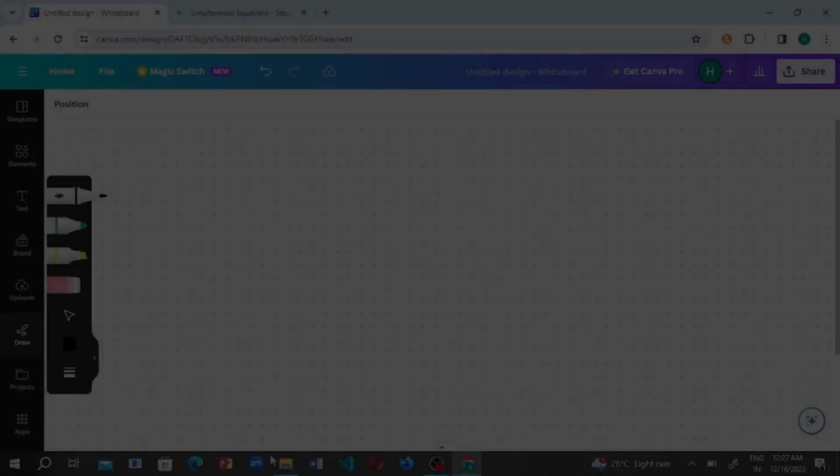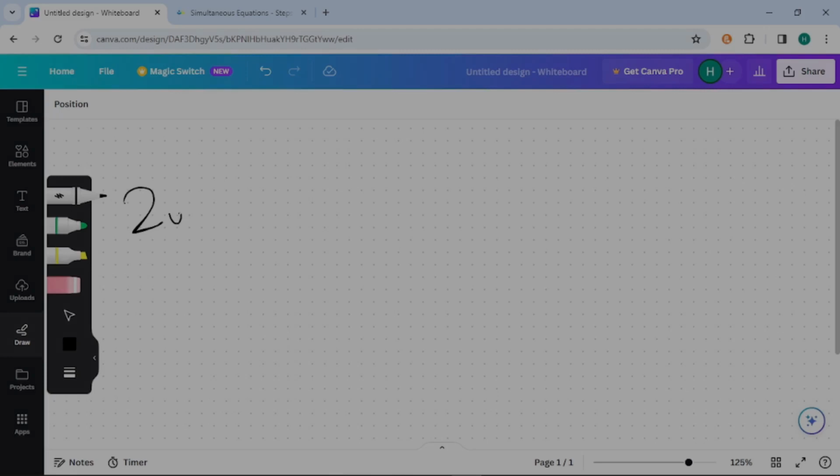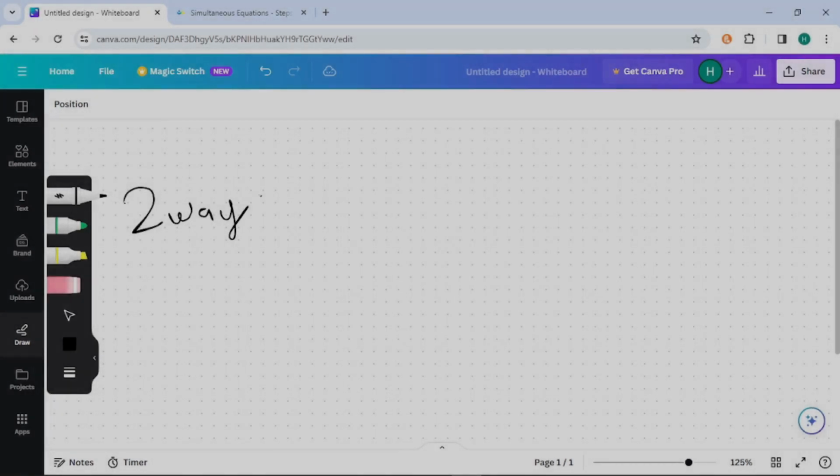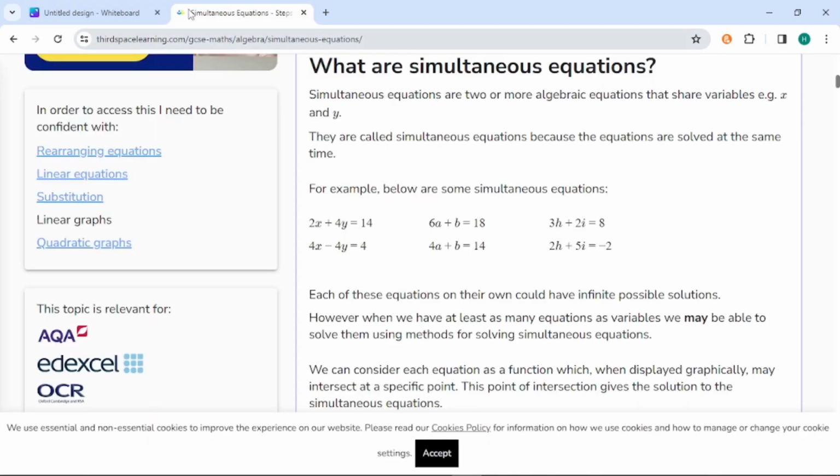So I said that there are 2 ways to solve simultaneous equations, right? Well, yes, and the second way is called the substitution method. I'm going to use one of these equations as an example.